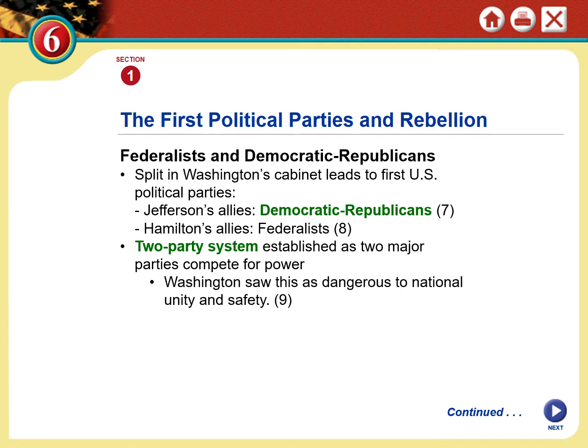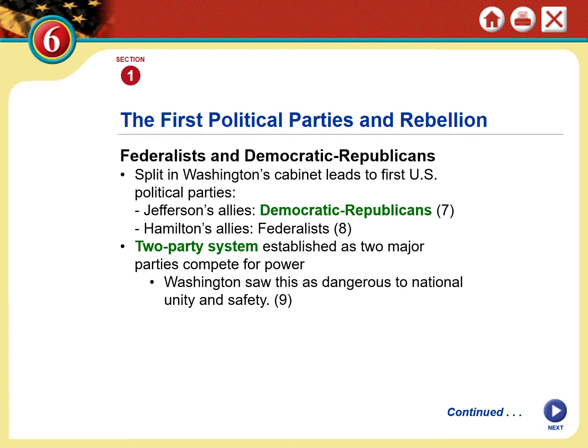There was no other party until Jefferson went on to found the Democratic-Republican Party. And opposing were, of course, the Federalists led by Alexander Hamilton. And this created the two-party system. But when the two-party system was created, President Washington warned that this would be dangerous to national unity and safety.